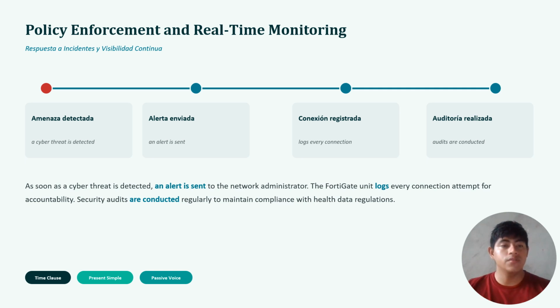In addition, security audits are conducted regularly to maintain compliance with health data regulations. Key point: as shown in the timeline, this whole process is practically immediate. Detection, alert, logging, and audit.